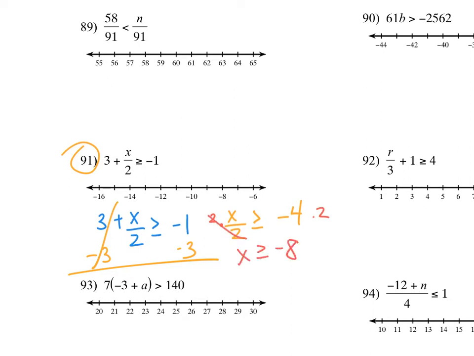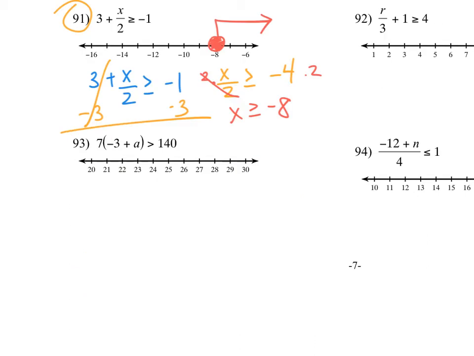So on my graph, I'm going to look for -8. And I'm going to shade the inside of my circle because it's greater than or equal to. And draw my arrow. 93 is quite similar.